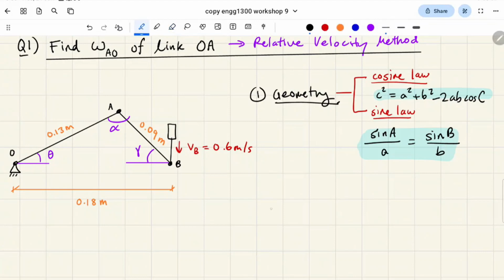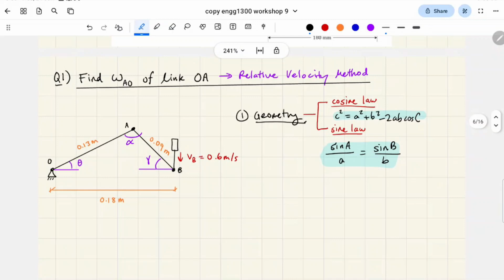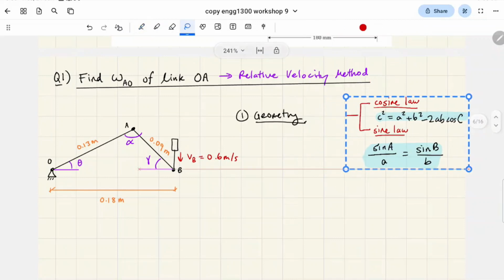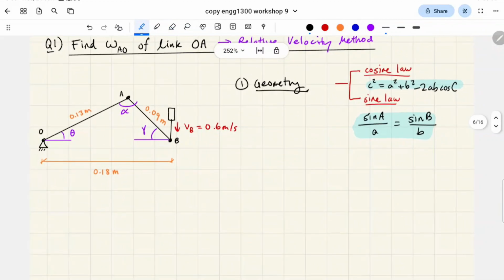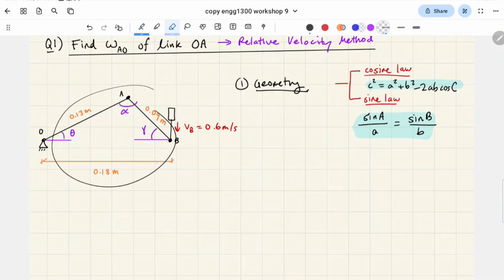Yeah, so I'm just going to redraw. Just going to draw it out like this. Basically, we want to find these angles, right? And we know every side length, right?